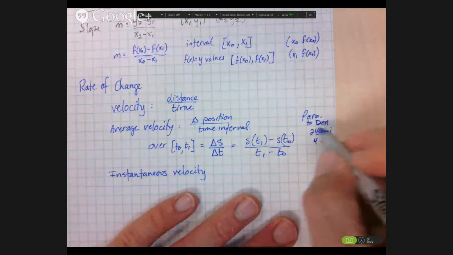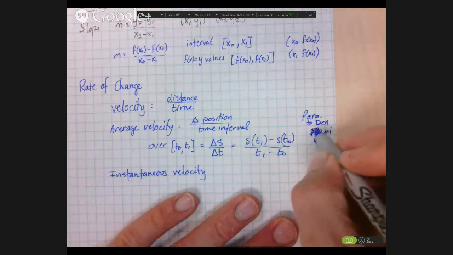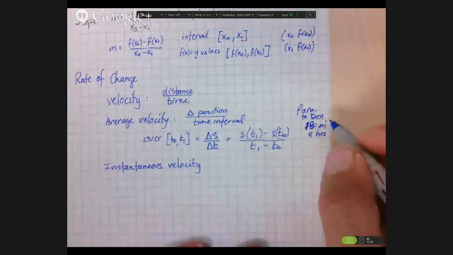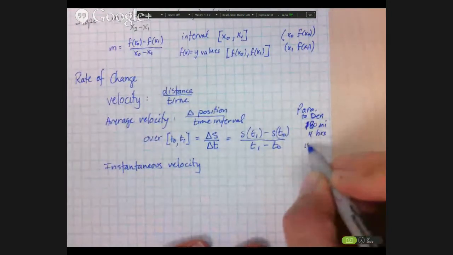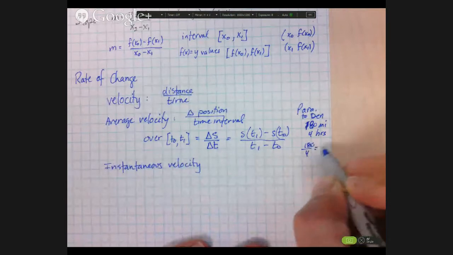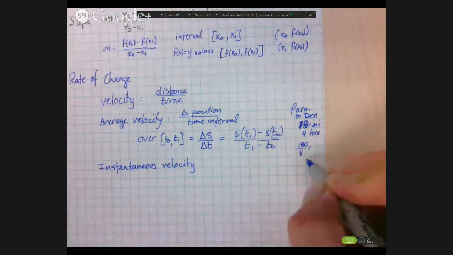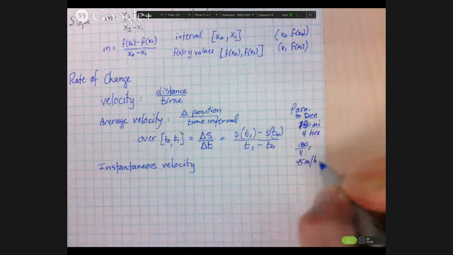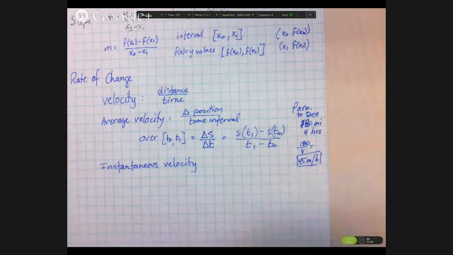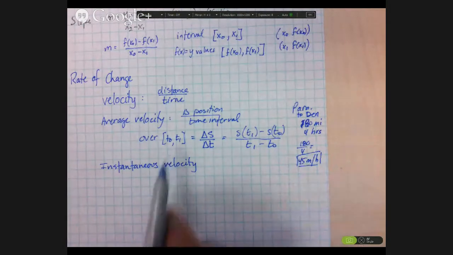I actually think it's 180 miles, just about exact. I made that drive many times. So you take 180, divide by 4, and you get 45 miles per hour. Okay, so that's the average over the trip, average velocity.